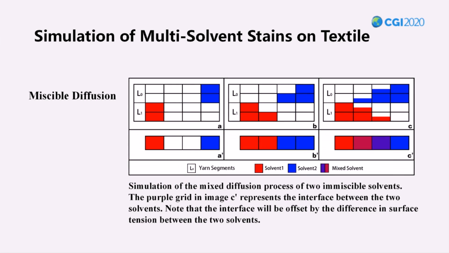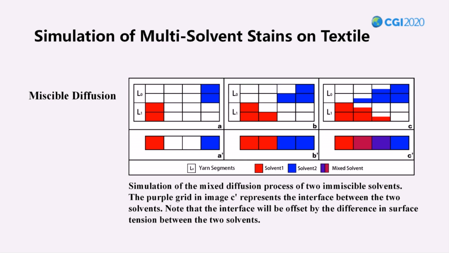In the above figure, we use grid to represent the mixing calculation process between two solvents. The upper line represents the diffusion motion of the respective solvents in their respective calculation grid. The lower line represents the final mixed calculation effect, showing the calculation results of the two solvents mixed.